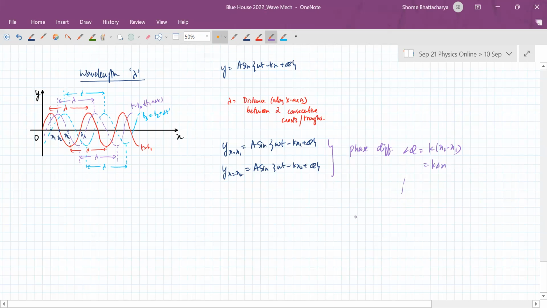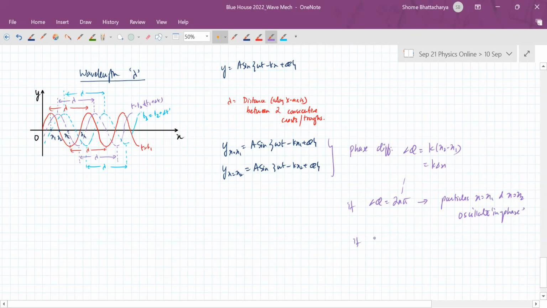Okay. Now, if delta phi is, for example, 2n pi, that means the particles at x equal to x1 and x equal to x2 oscillate in phase. Okay.